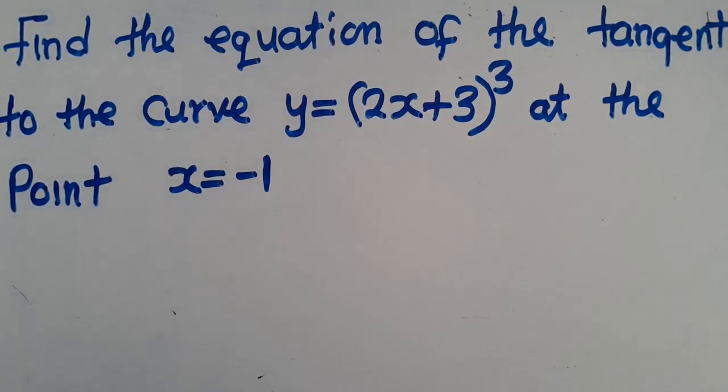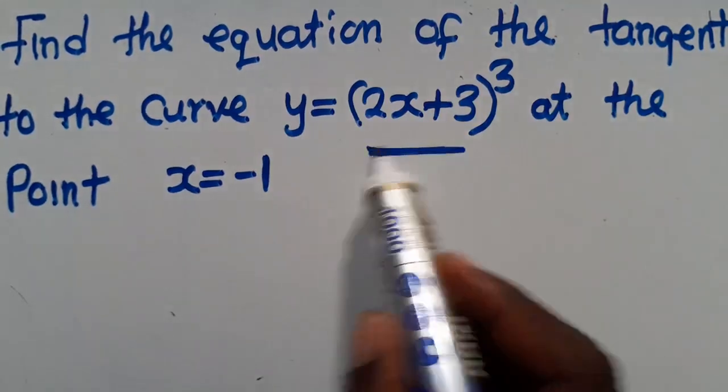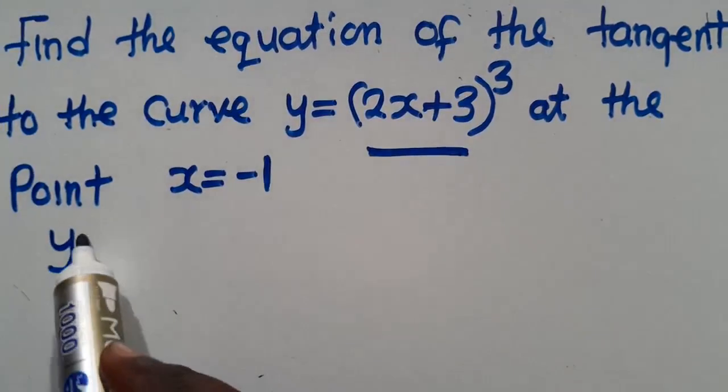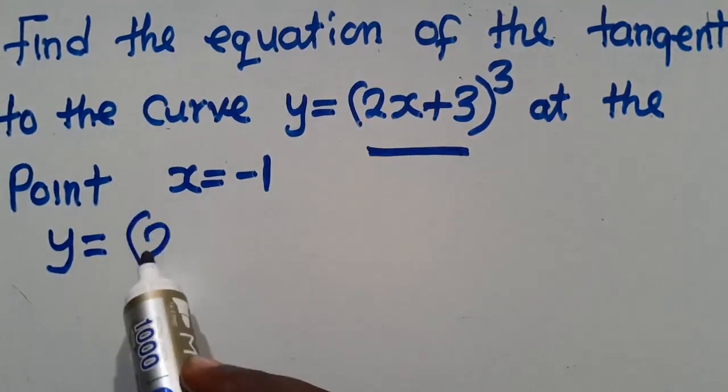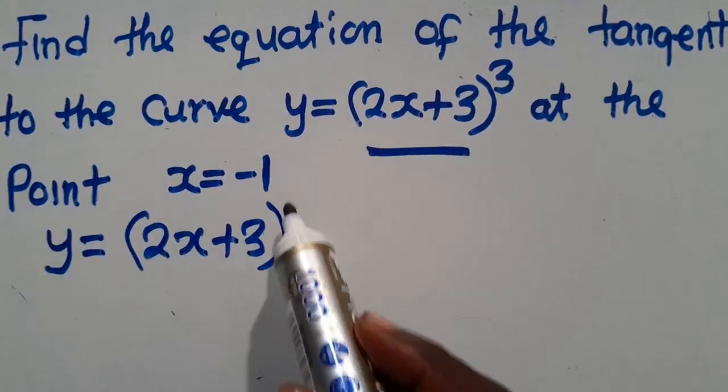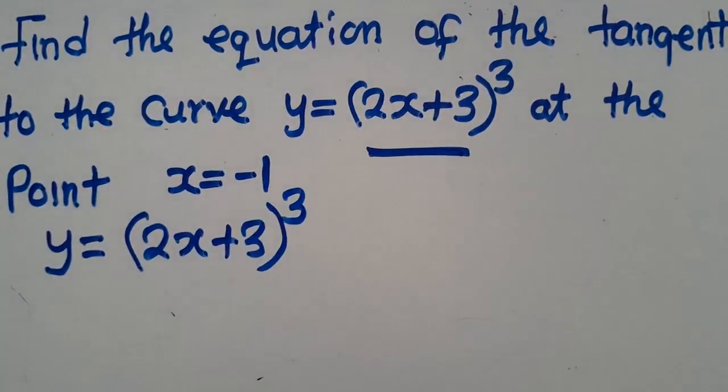How can you go about this question? The first thing that you need to do is to differentiate this equation that is given. So you are given y is equal to (2x + 3) to the power 3. So the first thing that you need to do is to differentiate. How do we differentiate this?